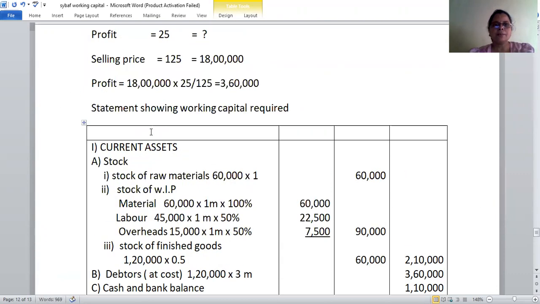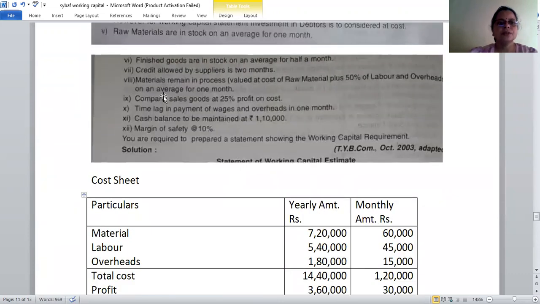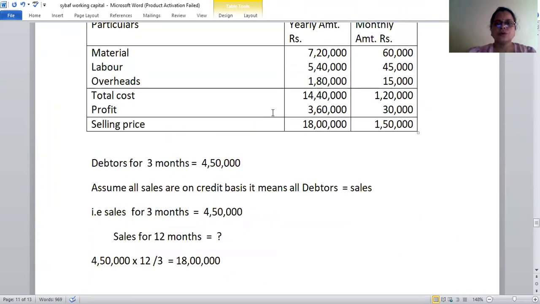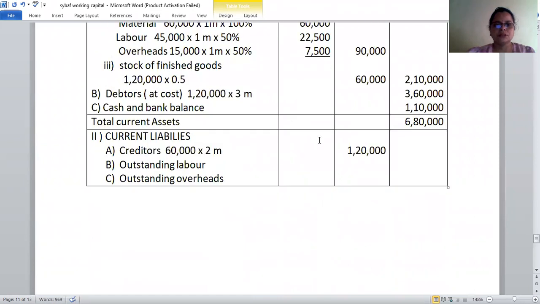Again, time lag in payment of overheads they have given. Time lag in payment of wages and overheads is 1 month. So for 1 month, labor is 45,000 and overheads is 15,000. So 45,000 into 1 month, as well as 15,000 into 1 month. So it will be 45,000 and 15,000.